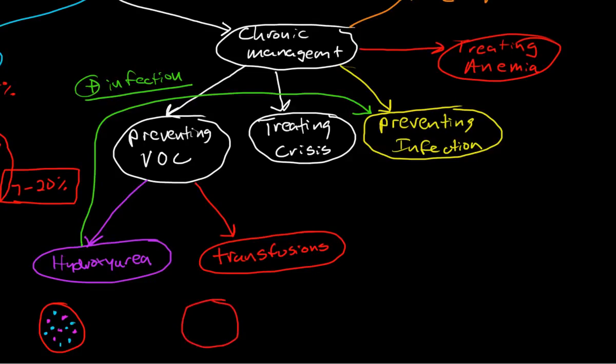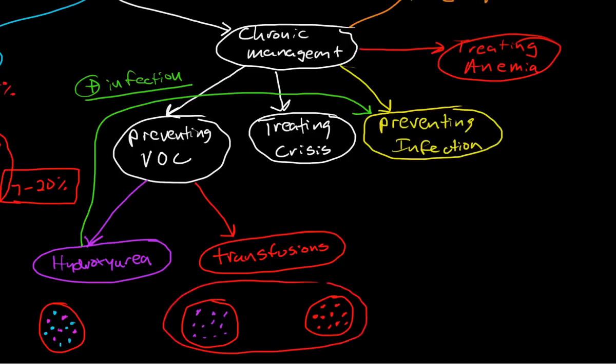Because in a sickle cell patient, all erythrocytes are filled with nearly 100% hemoglobin S, 97% or so. But if we give chronic transfusions, some of these red blood cells are going to have nice healthy hemoglobin from the donor. And this decreases the number of cells that can sickle, and this will decrease the number of crises that people have.